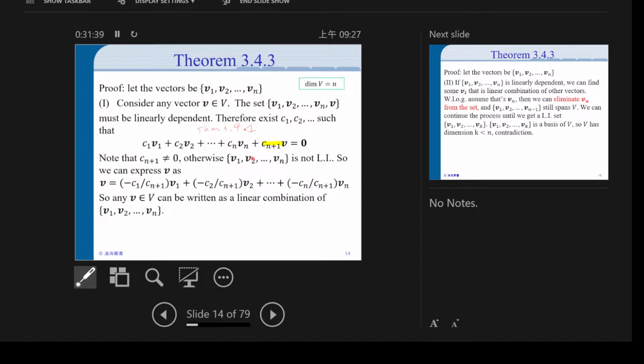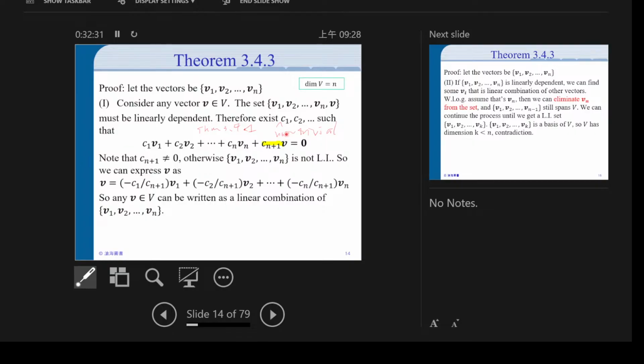In particular, this non-trivial solution must have the extra coefficient c_{n+1} being non-zero, because if c_{n+1} were equal to 0, then we would have a non-trivial solution among v1 to vn, and then v1 to vn would not be linearly independent.